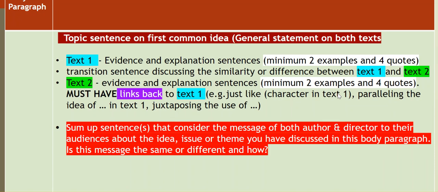In this case, you're going to write on faith. Or paralleling the idea of how people lose faith in each other, showing when Rabbi Eliahu's son tries to lose him, we have exactly the same idea in Night when Eliezer, and so on. So trying to link back.